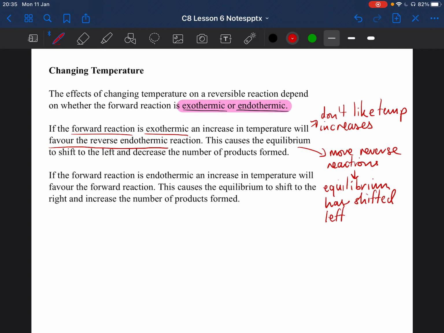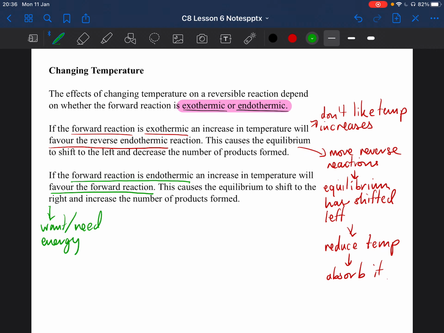The reason it's shifted left is because it wants to reduce the temperature, and the only way to reduce the temperature is to absorb it, and endothermic reactions do that. Now, if the forwards reaction was endothermic and we increased the temperature, it would favour it. Endothermic reactions want energy, or need energy, I should say.